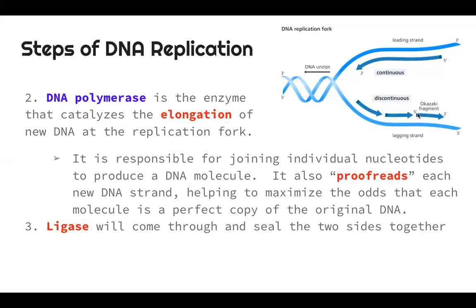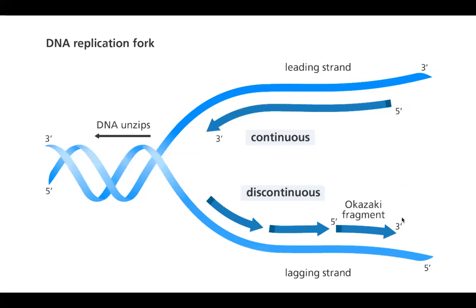And then as it unzipped some more, it had to go back up here and fill in this section, and then stop. The DNA was unzipped some more, so it goes to the next section and through, and again to the next section and through. So that leaves little gaps where the DNA polymerase ended. And it is ligase who comes through and fills in all those gaps.